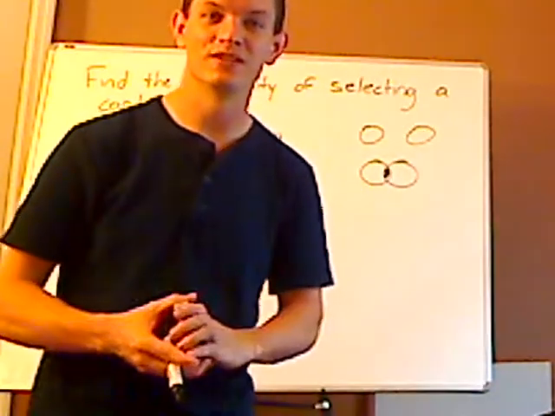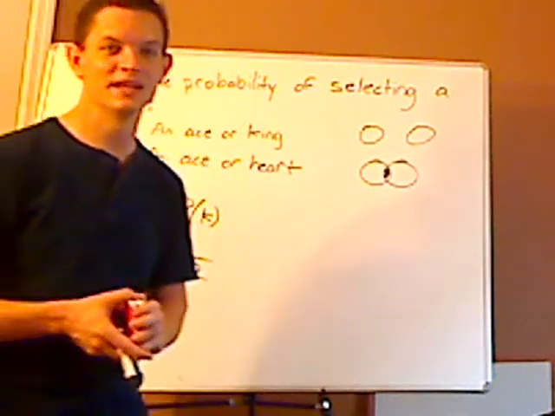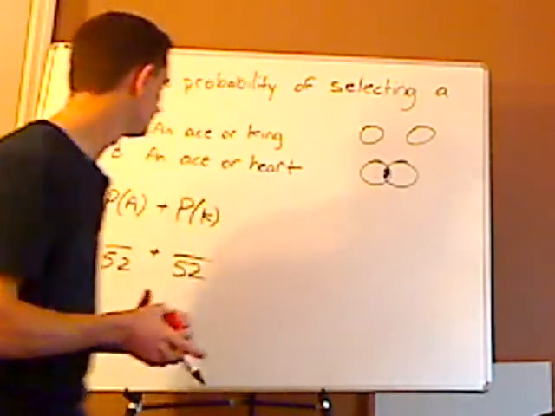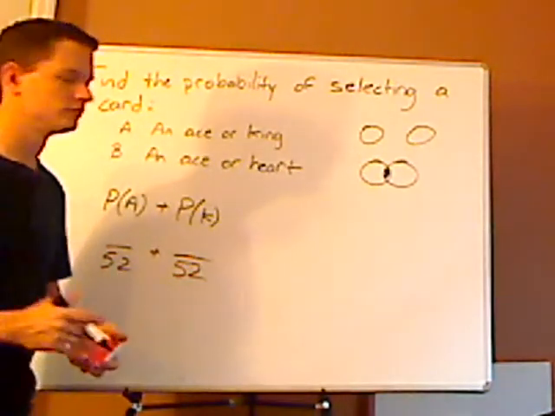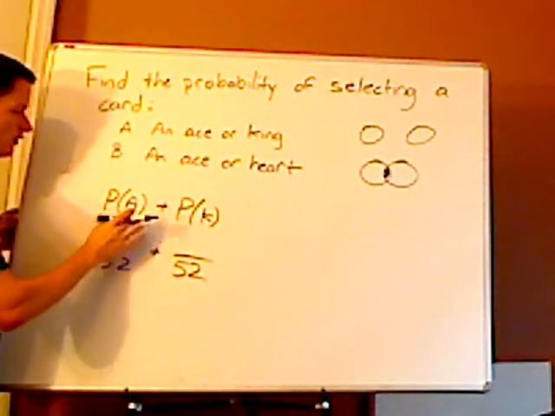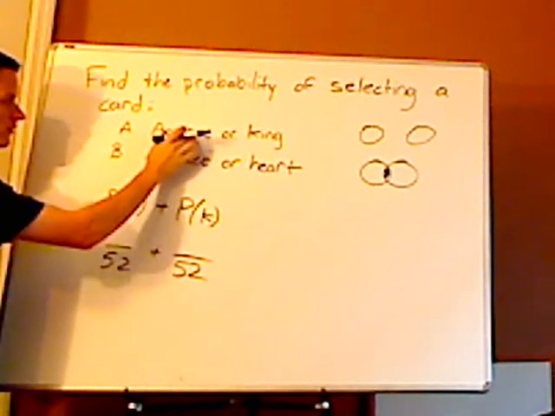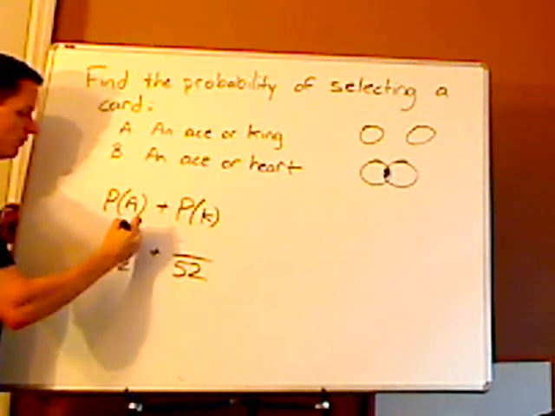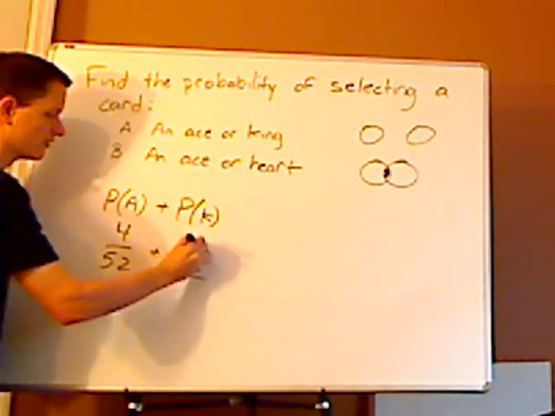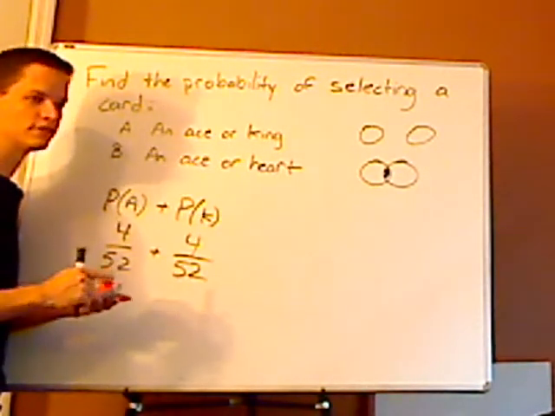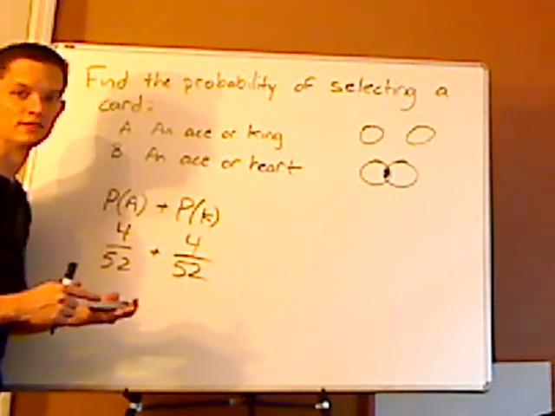If you're not familiar with the deck, usually there's a sample space in your textbook. You just want to be familiar with that. The favorable outcomes for selecting an ace would be 4, and you have the same thing with a king: hearts, diamonds, clubs, spades.